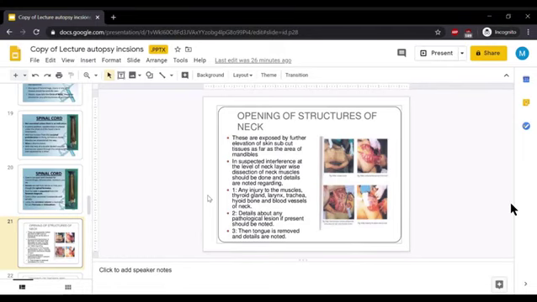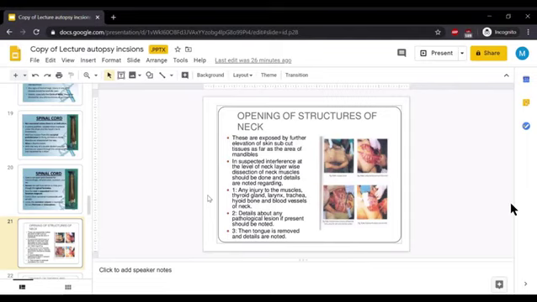I told you that when we are using the Y incision, it starts from the chin to the pubic symphysis. So with the incision which you have already given, the subcutaneous tissues are separated up to the mandible.